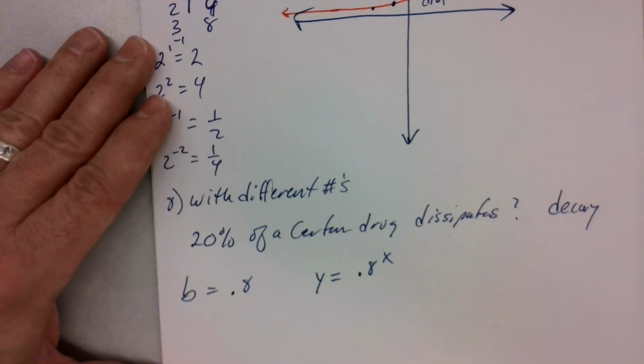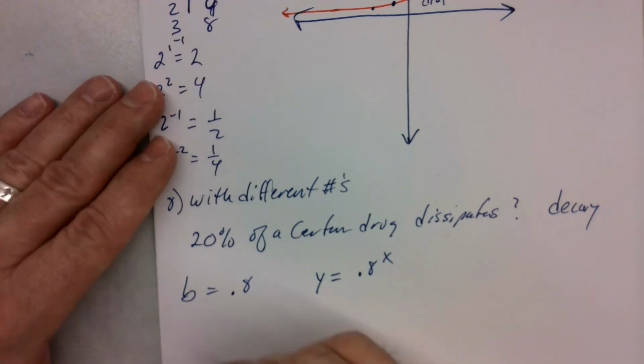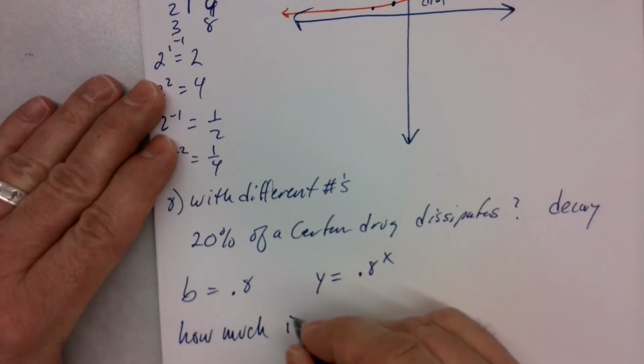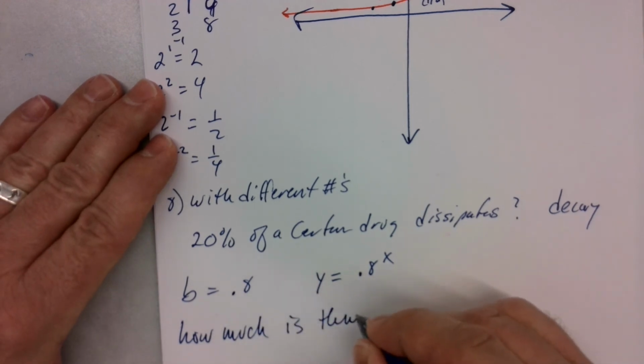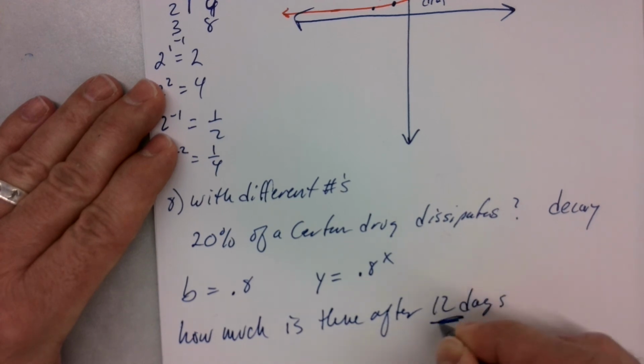Now, the next part says how much of the original amount remains after, let's say, 12 days. So how much is there after 12 days? Well, what do you think the 12 is?